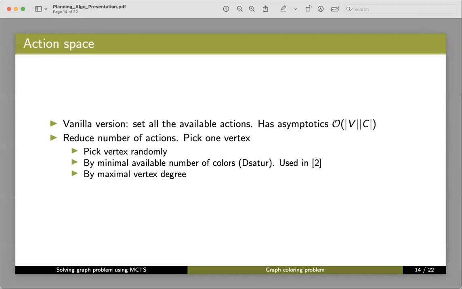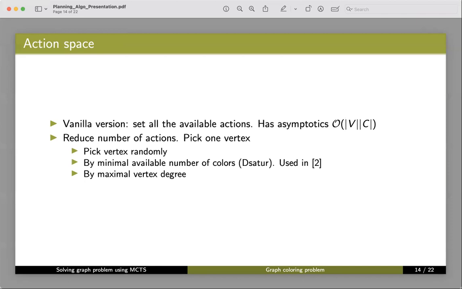In the worst case, the number of actions is the number of vertices V times the number of available colors C. So in the worst case, for us, it will be 400, for the synthetic dataset that we will talk about a little later.